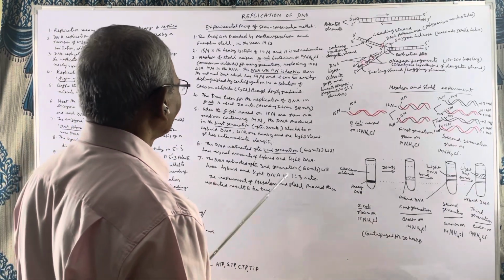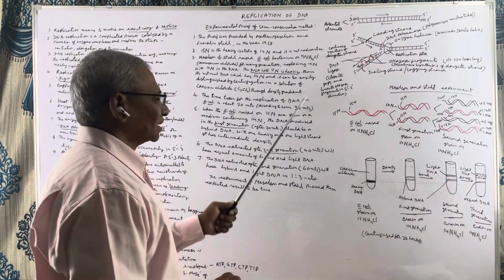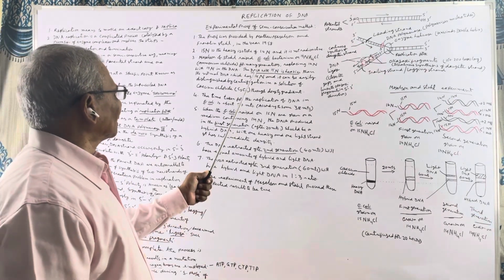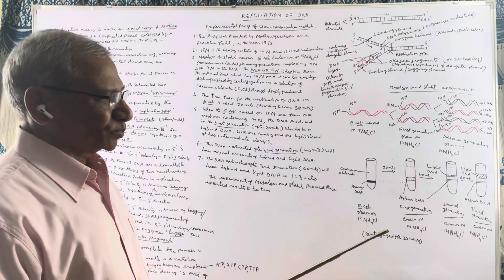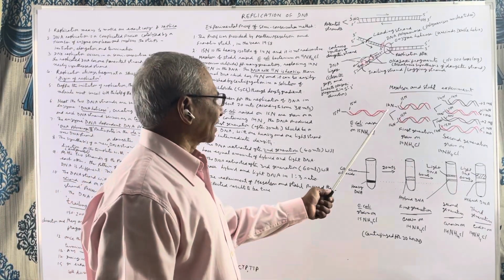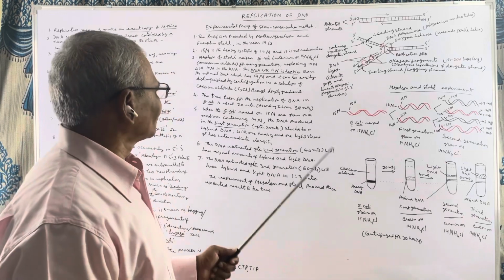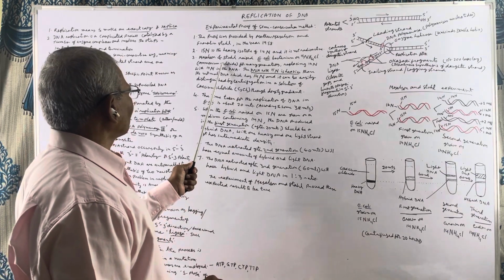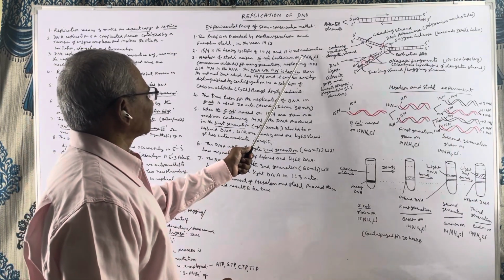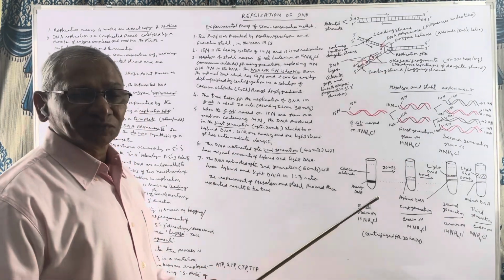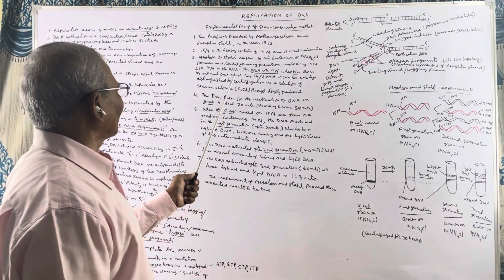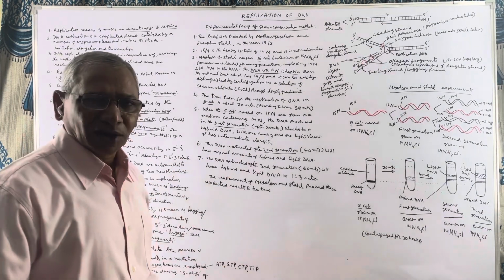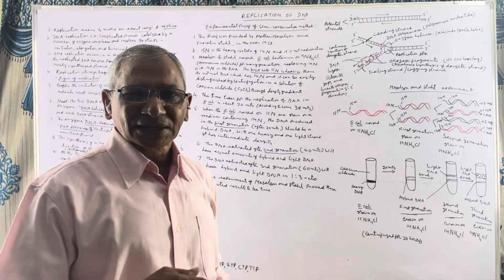So what they did, they selected the bacteria E. coli or Escherichia coli. Generally, in E. coli, the nitrogen present in the DNA is 14N. They raised the E. coli on an ammonium chloride medium having 15N, not 14N, for many generations.